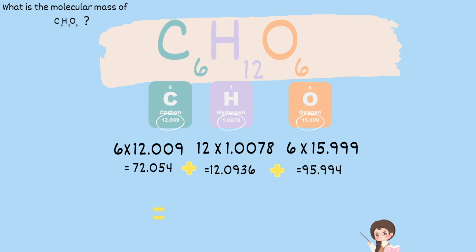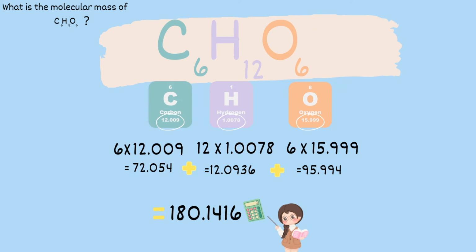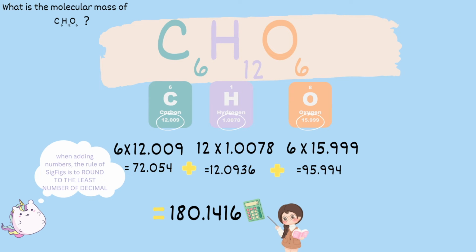If we plug that into our calculators, we get 180.1416. However, when adding numbers, the rule of sig figs is to round to the least number of decimal places. To do this, we look at the number of decimal places in the numbers we add up and look for the least amount.